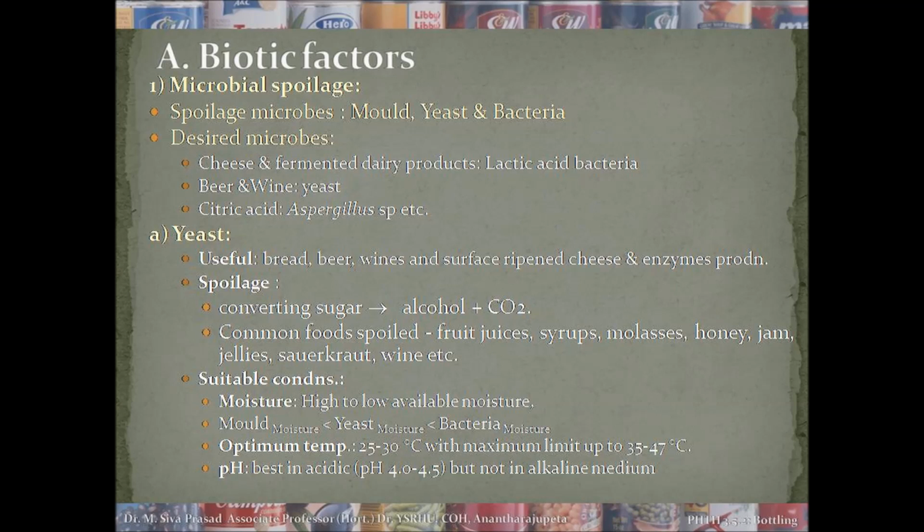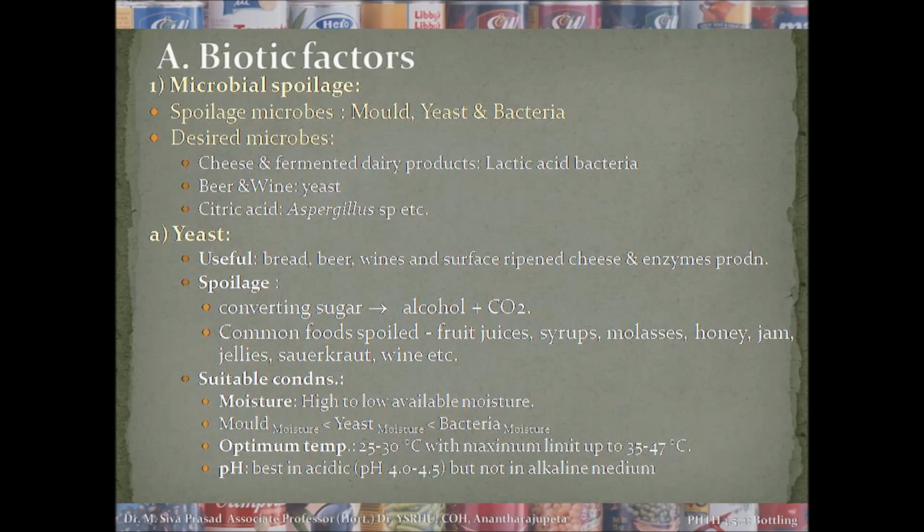The temperature suitable for their growth ranges from 25 to 30 degrees Celsius. Maximum they can grow up to 47 degrees Celsius even under extreme conditions. So this temperature range is limited from 25 to 47 degrees Celsius.